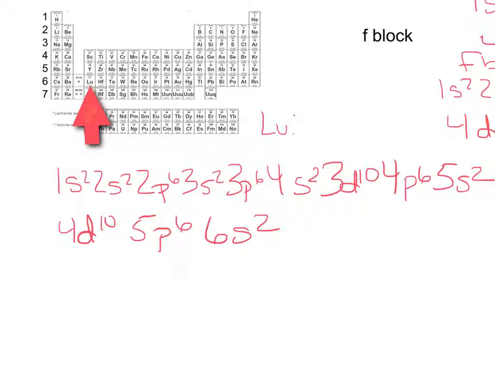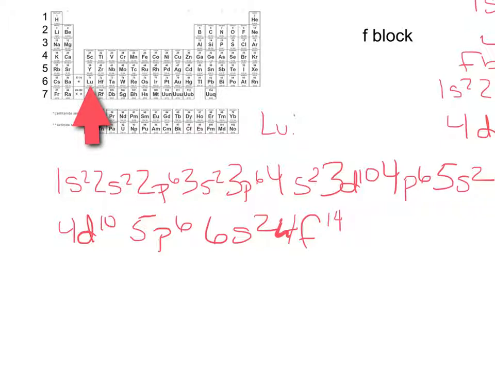Now, because we're not stopping here at D1, we need to go through this whole block right here. So I was in 6s. I'm going to drop down to 4f. And I need to go all the way across. So that's 4f14.